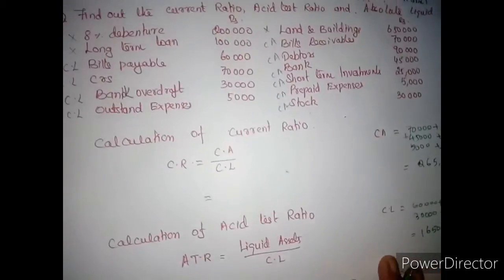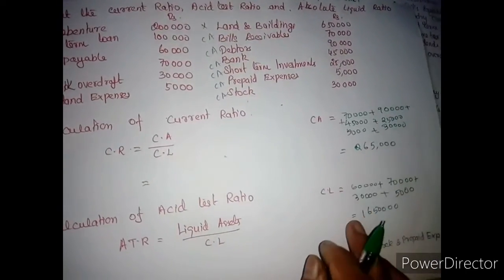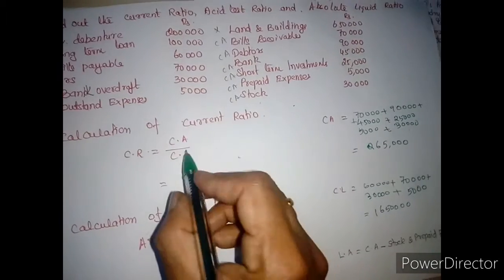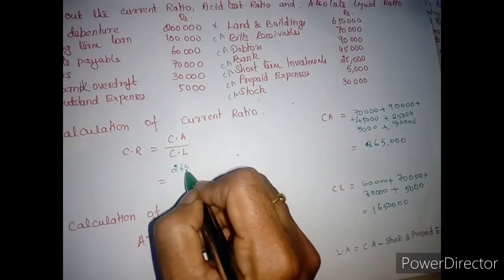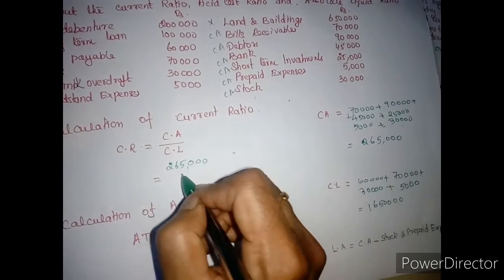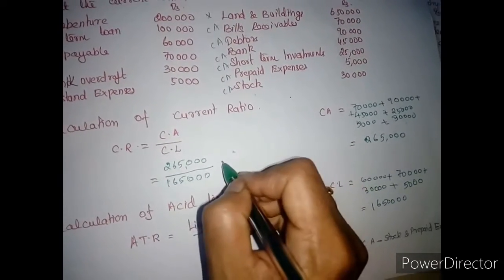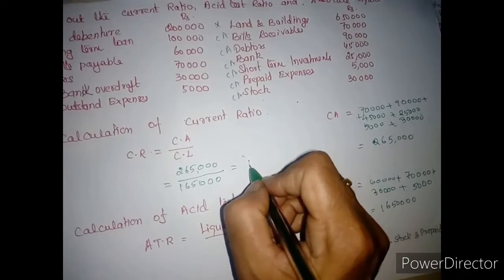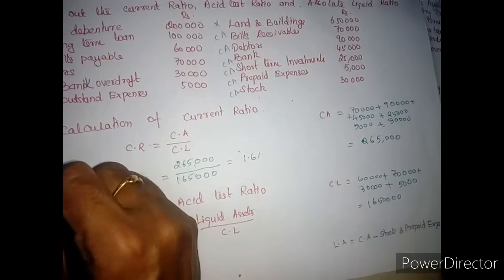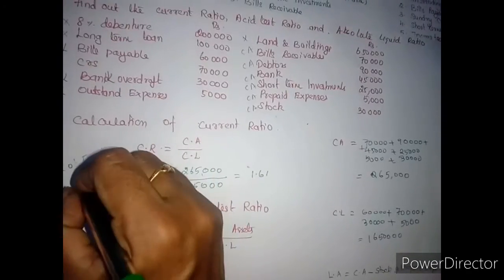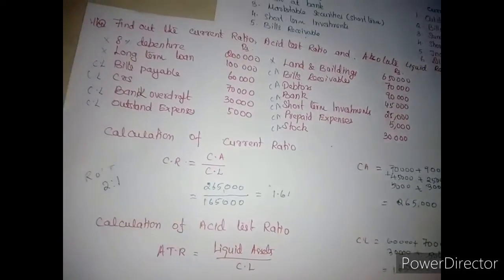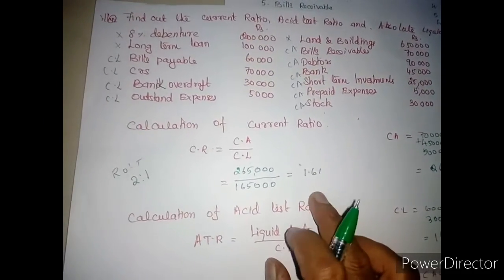Now we substitute in the formula. Current asset is 2,65,000, current liability is 1,65,000. So 2,65,000 divided by 1,65,000. The answer is 1.61. The rule of thumb is 2:1. So now our ratio is 1.61.